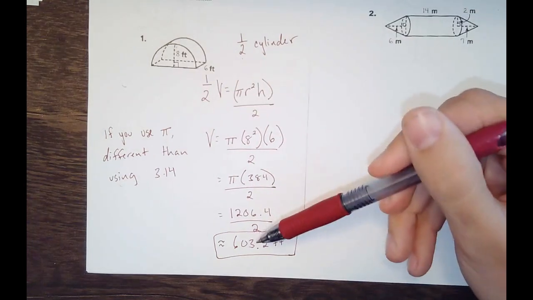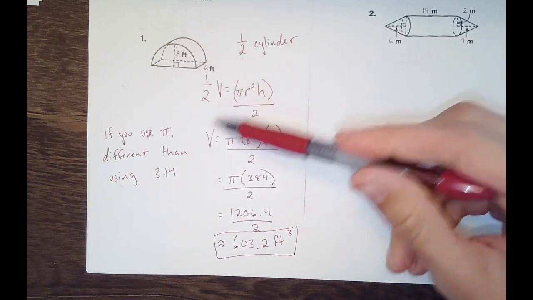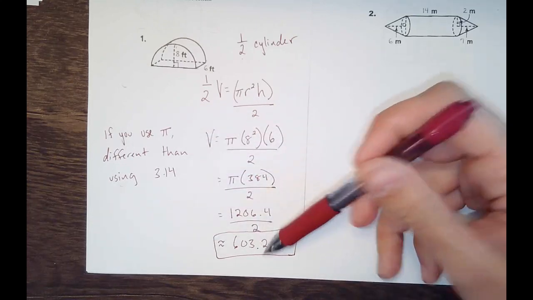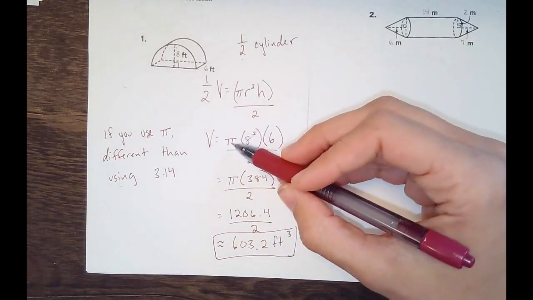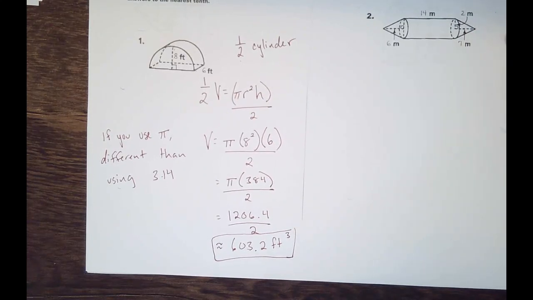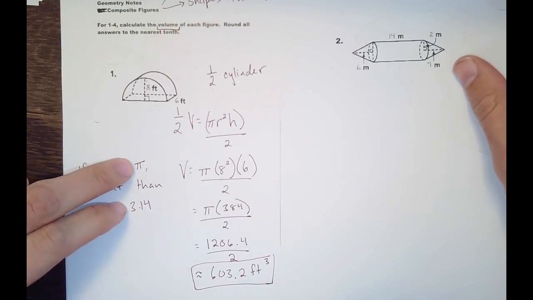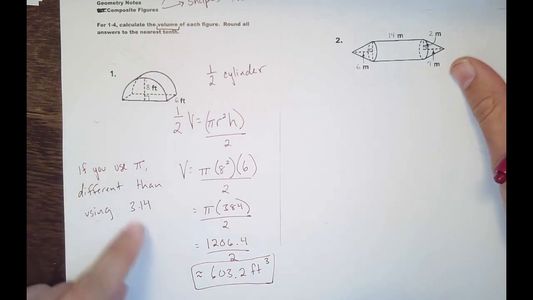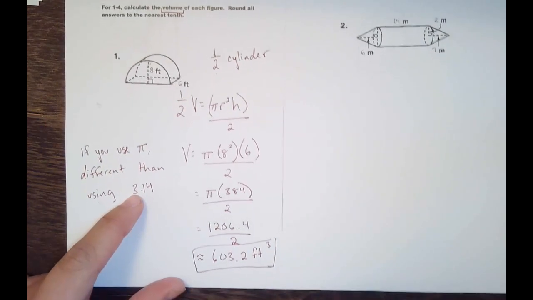If that's the case, if you used pi, go back and try just using 3.14 or vice versa and see if that gets you the right answer. Most of the time you should be able to press the pi button and it should match, but the answers you're given are actually found using 3.14. If we used 3.14 here, we would end up with 602.9, which is very close to this. If you're that close, I would check how much of a difference it makes alternating between those.